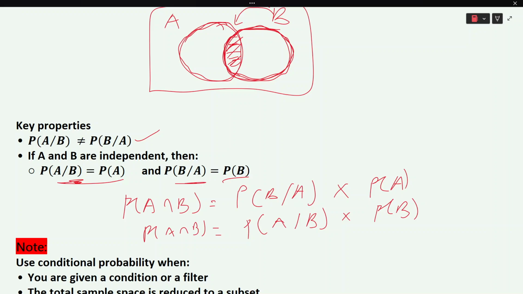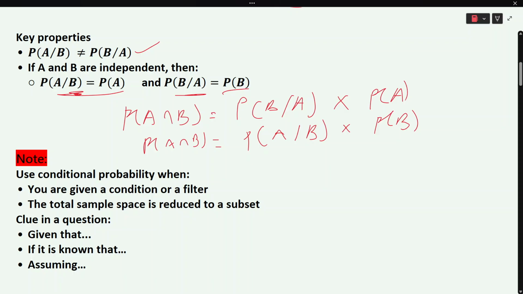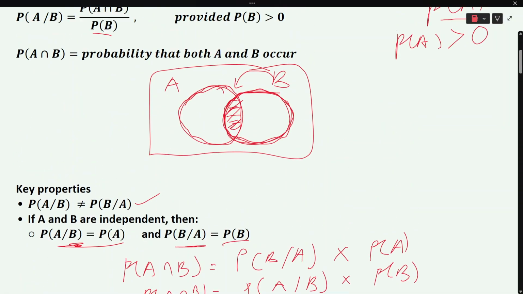Let's take note. Also, when are we to use conditional probability? Here are some clues you need to know. We use conditional probability when we are given a condition or a filter. It reduces the total sample space to a subset. This is what I mean.